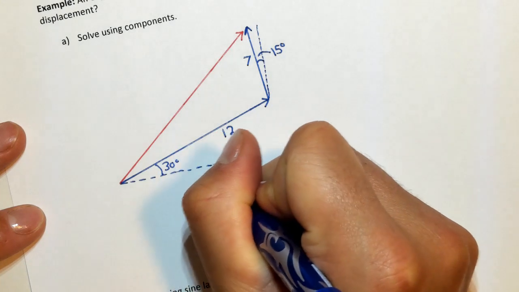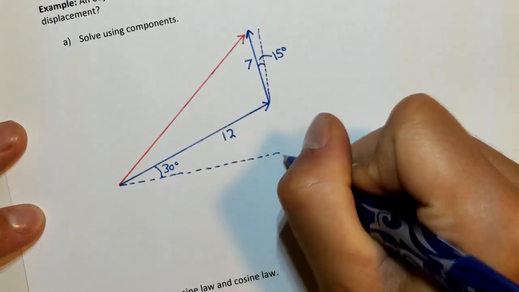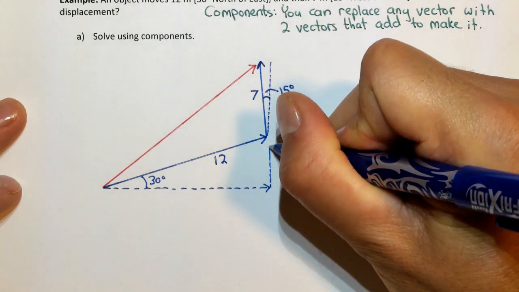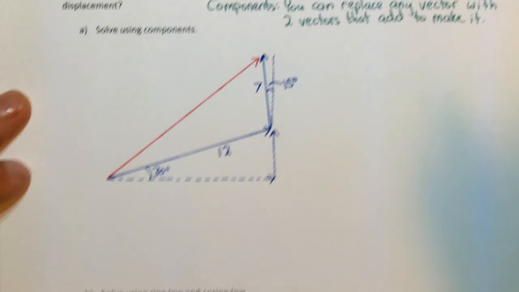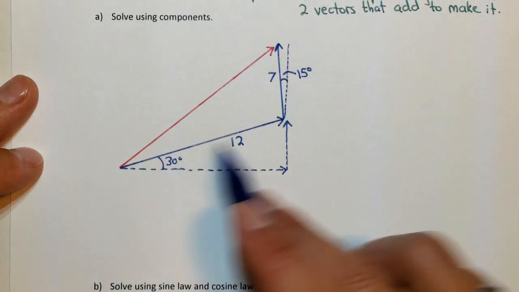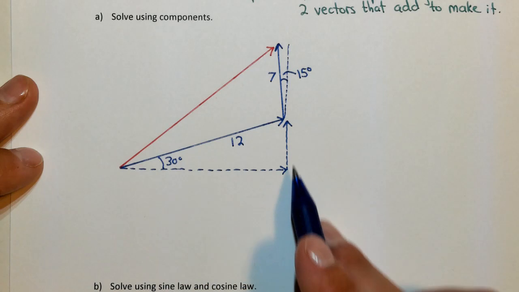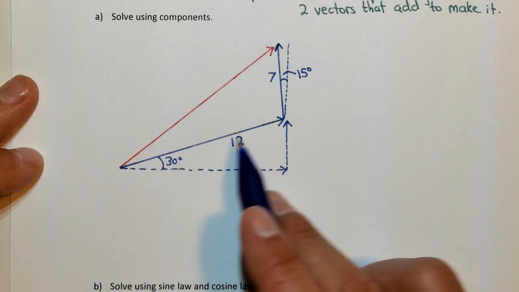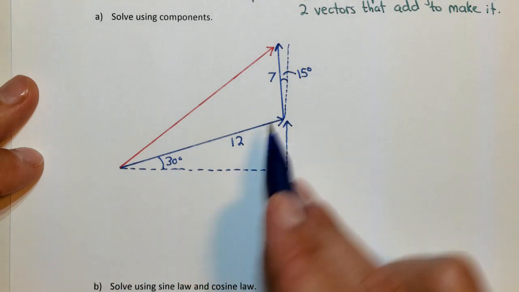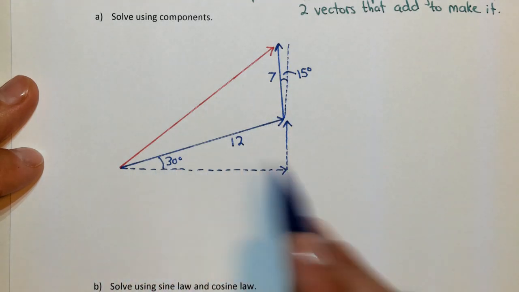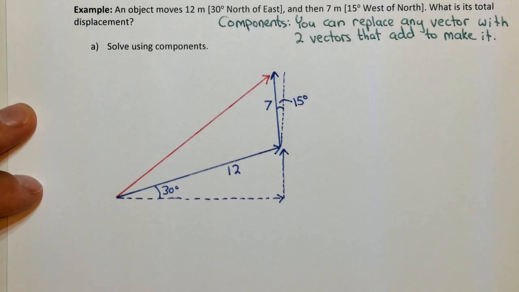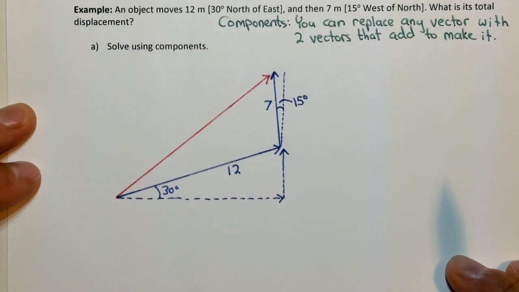And indeed, I can. So this plus this gives me this. These two vectors add to make this one. In other words, these are the components of this vector. One x component and one y component. Just a matter of finding out what those are.